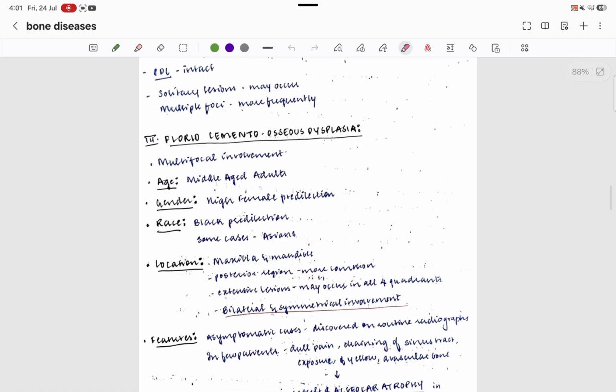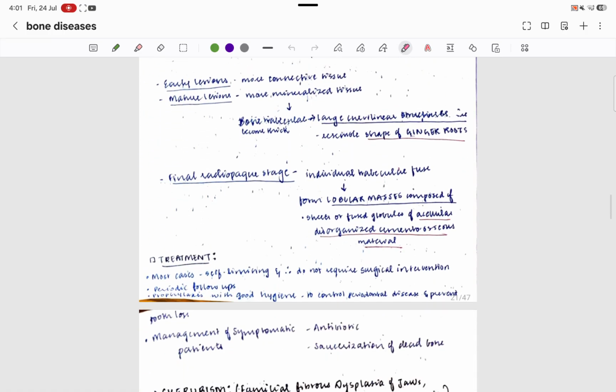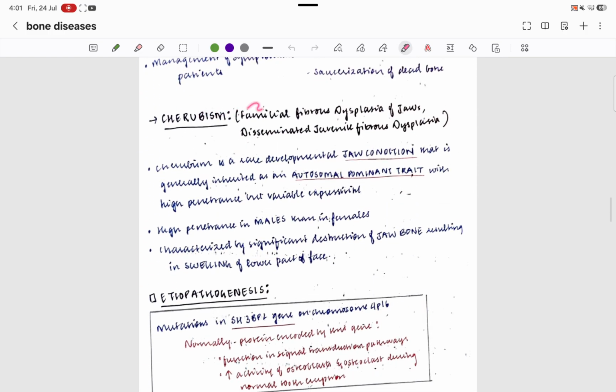What cherubism is, right? Cherubism is a familial kind of fibrous dysplasia, and it is also a type of disseminate juvenile fibrous dysplasia. So this is the other name, disseminate juvenile fibrous dysplasia.